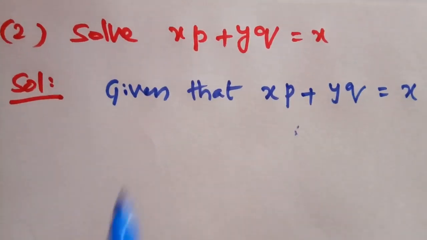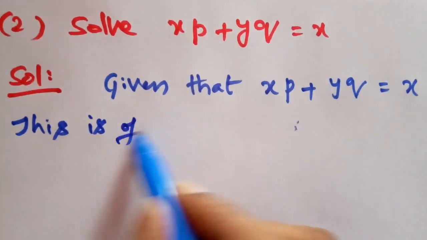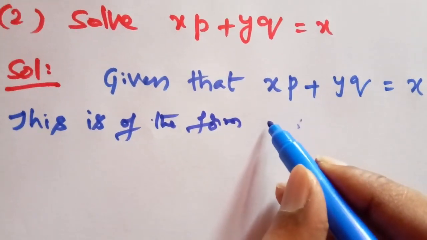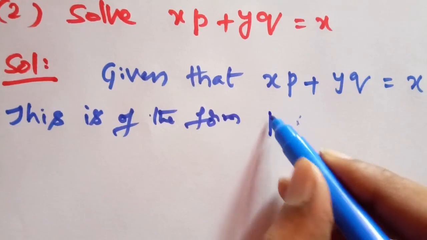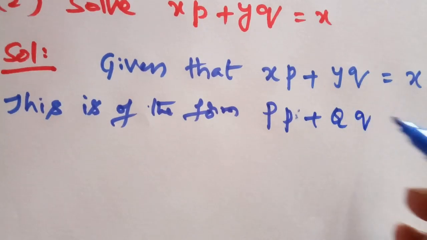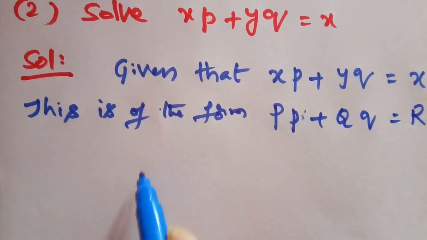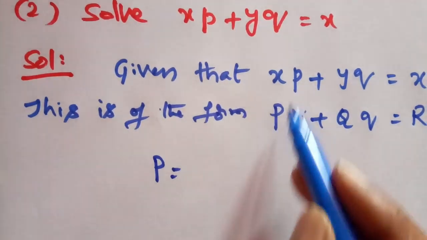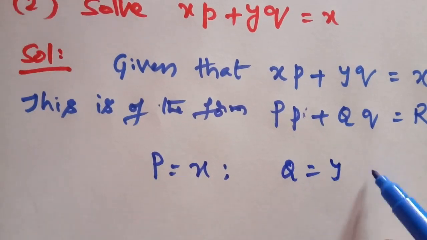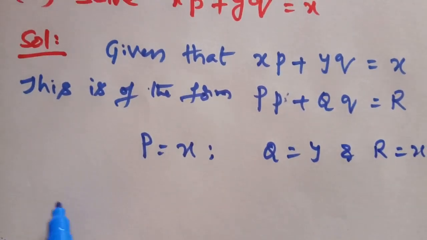This is of the form capital P into small p plus capital Q into small q equal to R. Here capital P is equal to x, capital Q is equal to y, and capital R equal to x.